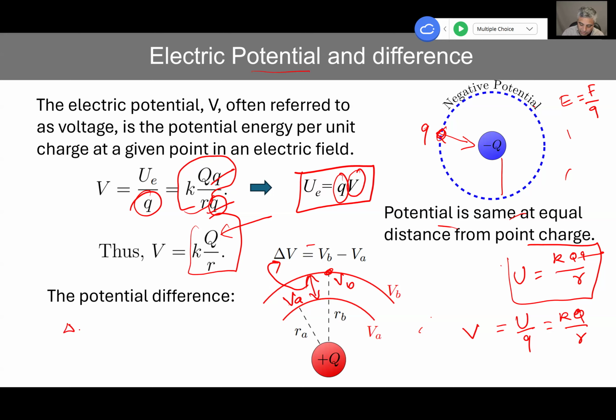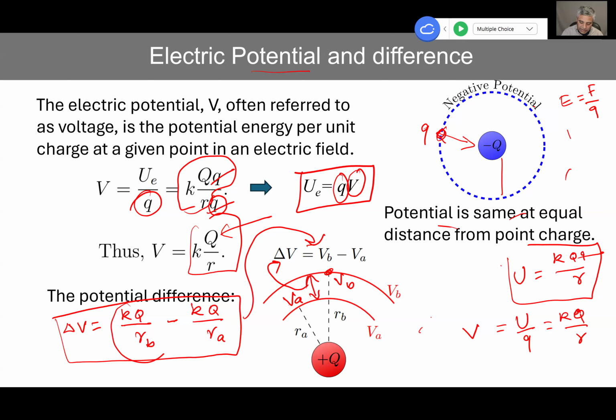And if we have to write it in terms of these values, we can say KQ over RB, final minus initial, and then KQ over RA. That's going to be the potential difference. This is the same as this one. So this is the potential at point B, so we are calling that VB. And this is the potential at point A, and we are calling that VA. Okay?